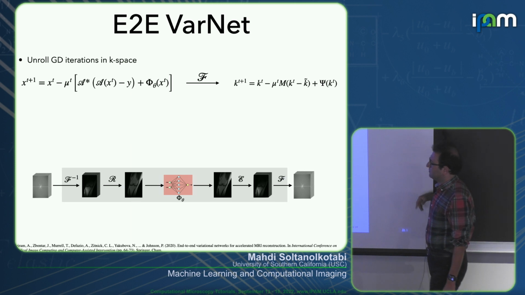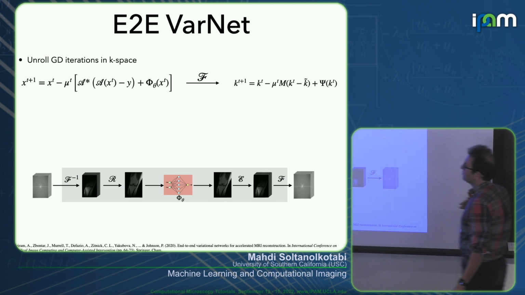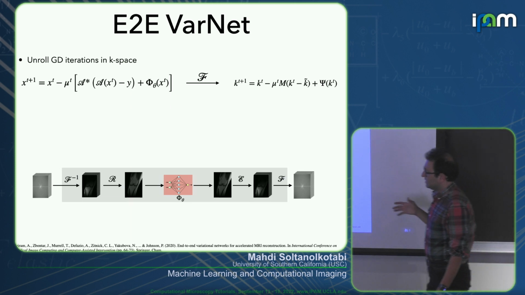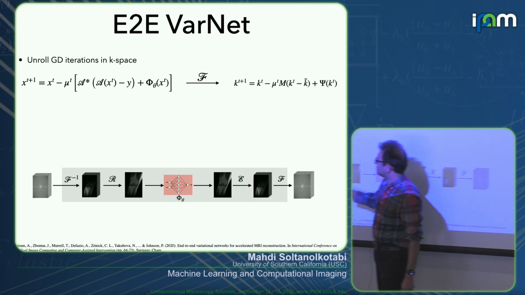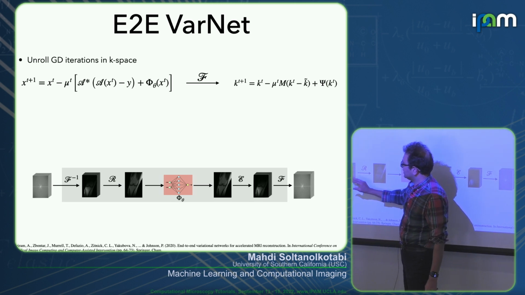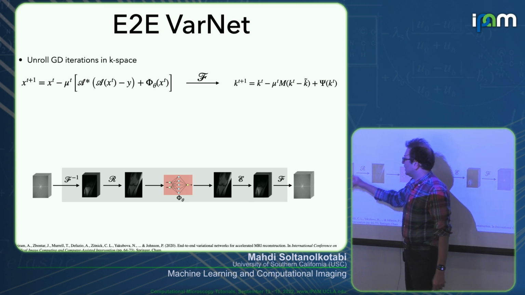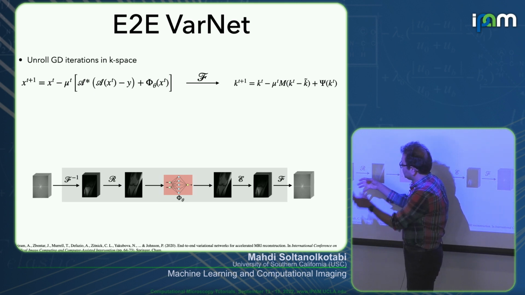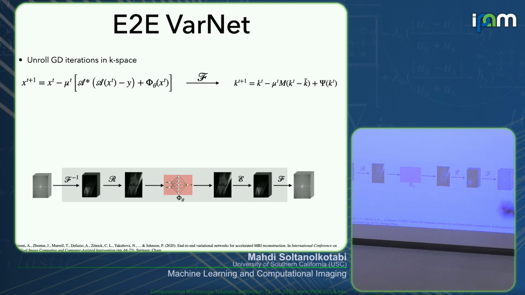So in the context of medical imaging, there are additional components. You have multiple coils, so it's a little bit more complicated than that. You have to apply inverse Fourier, then collect all of the multiple coils into one image, apply this denoiser, and then you go back.